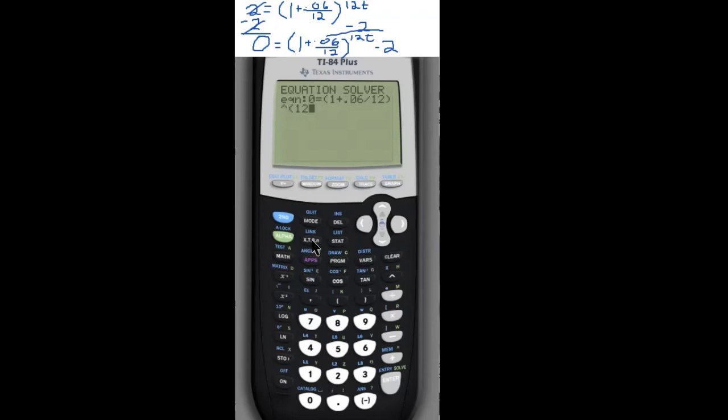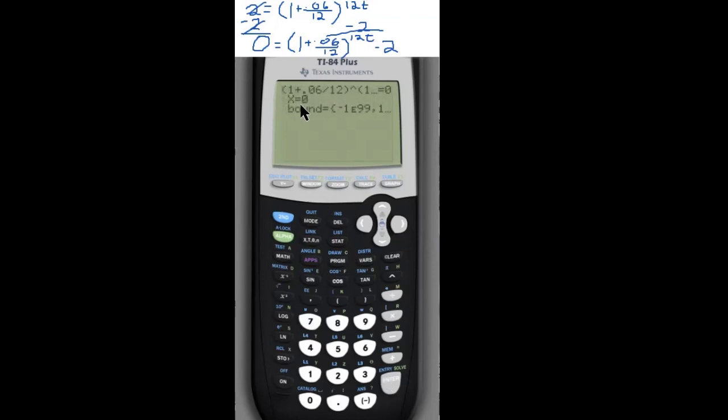Now for the variable, instead of t, we will have to put x because the TI-84 only allows us to put x as a variable. Okay, so we have 12x, and then close parentheses, and then we put minus, and then 2, like this. All right, so now let's go ahead and press enter.